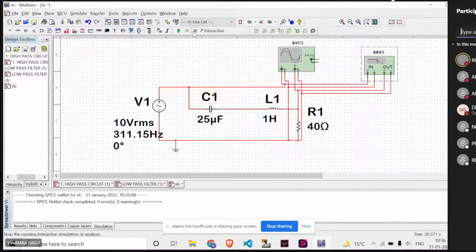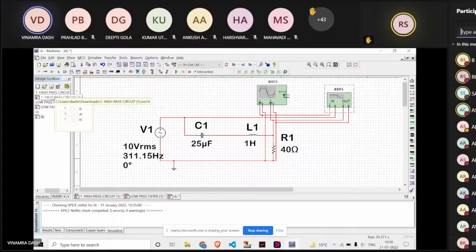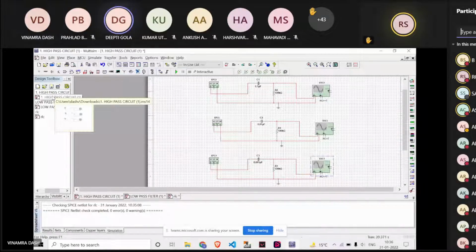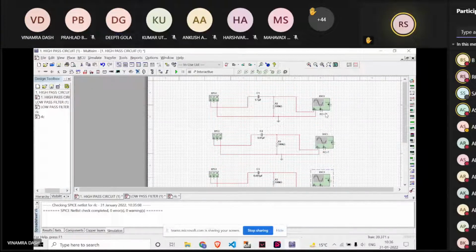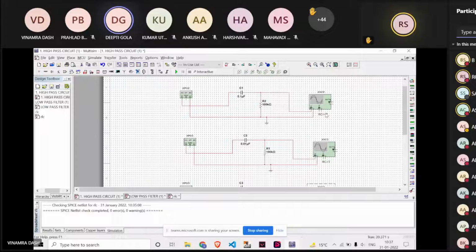And my first experiment, I couldn't show it in the first class. This is my first experiment, low pass filter.